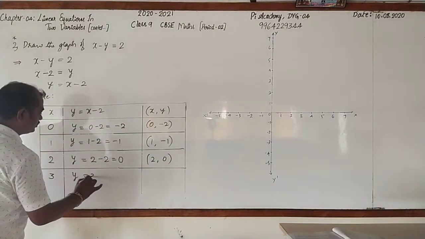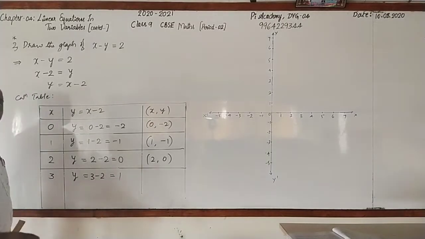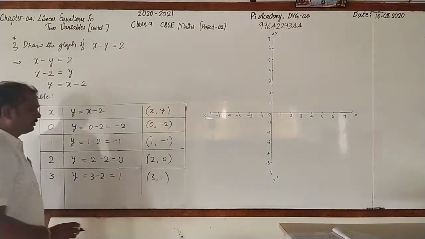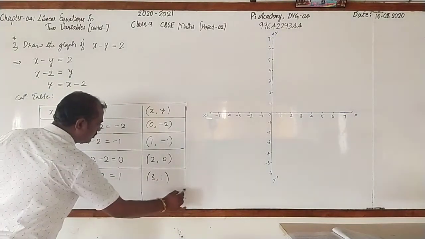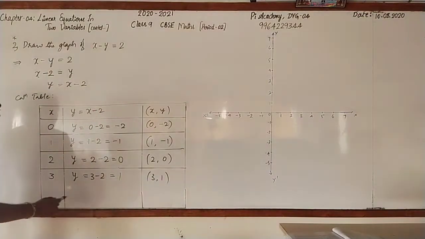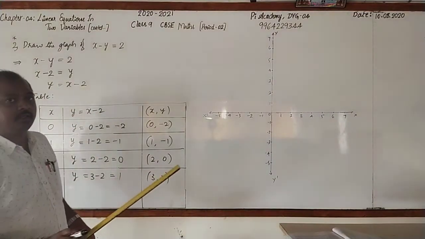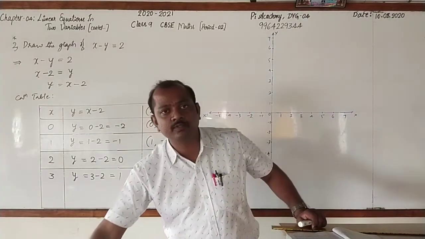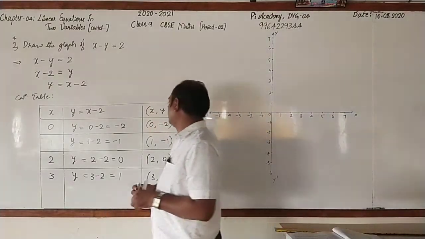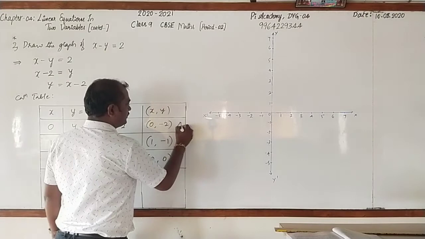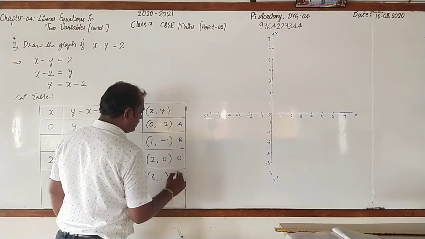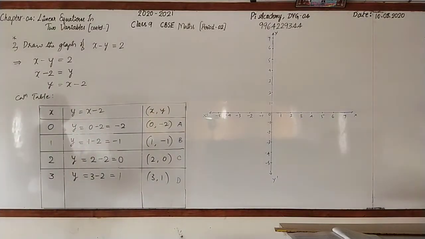Y is equal to 3 minus 2. What is 3 minus 2? This is 1. When x is 3, y is 1. These are the 4 coordinate points. Complete the table. After this, please go for naming. Again I'll take the first point as A, the second as B, the third as C, and the fourth as D.